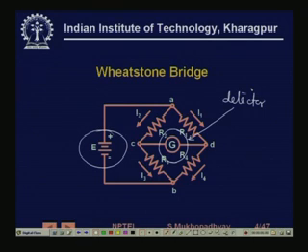As we can easily realize, the voltage between the C and D points depends on the resistance ratios. When the resistance ratios are equal, that is R2 by R3 is equal to R1 by R4, the voltage between C and D is going to be 0.